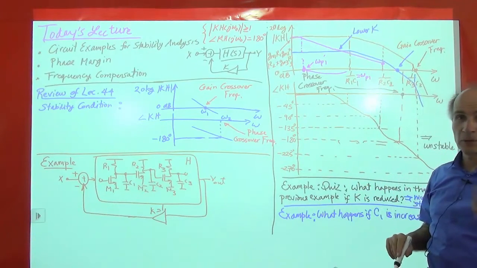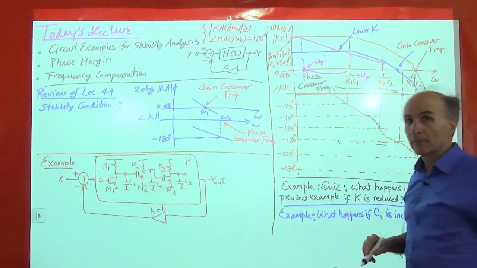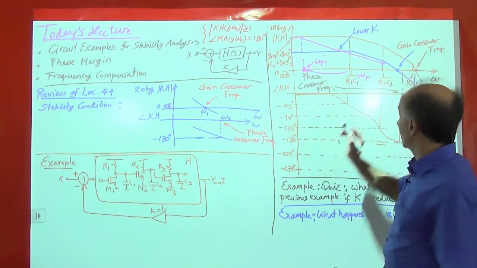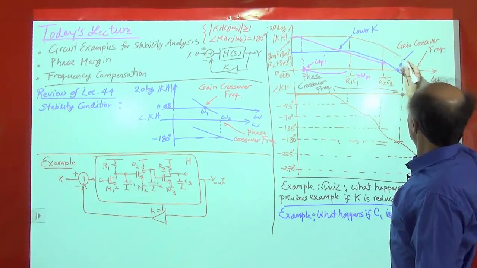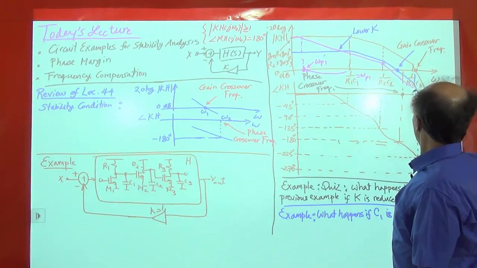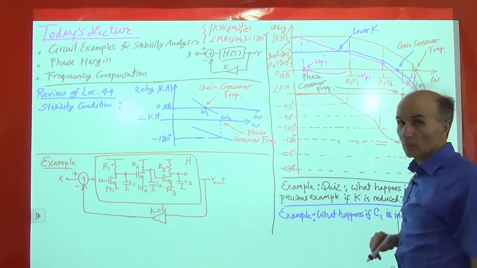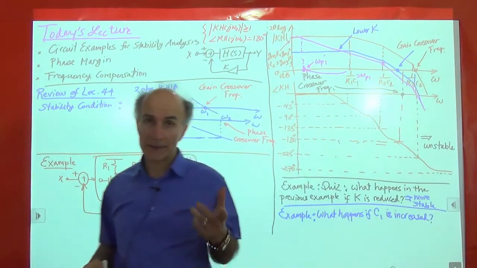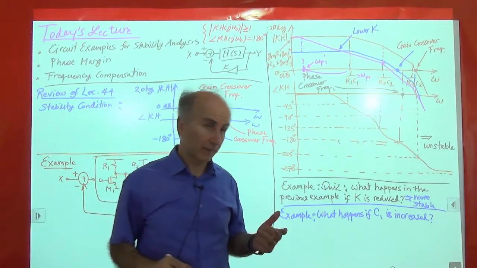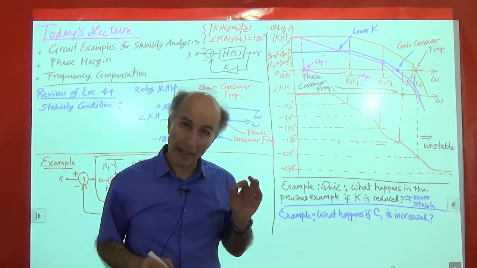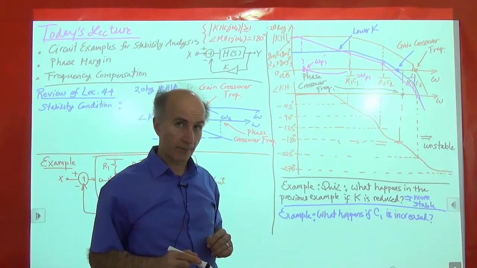Right, from the first pole to the second pole. And then I have to deflect by another 20 dB per decade. So the new one will be in parallel with the old one to the third pole, and so on. So the first pole changed because C1 increased, but the second and third poles did not. So that's the new response of the magnitude of KH.